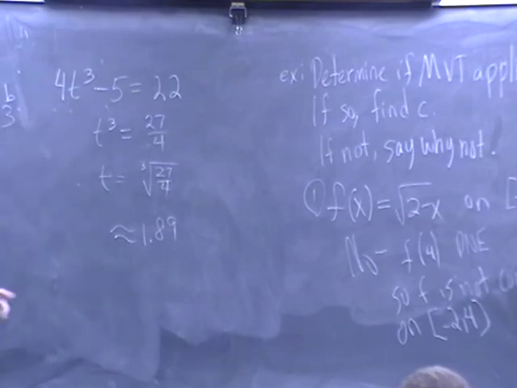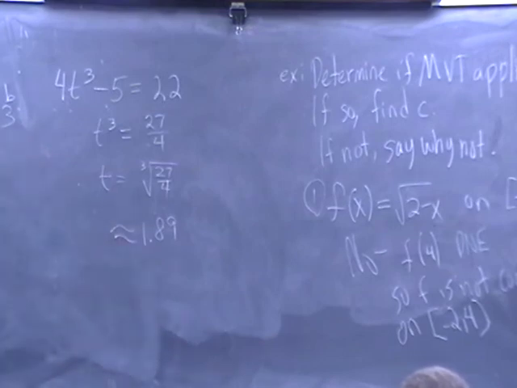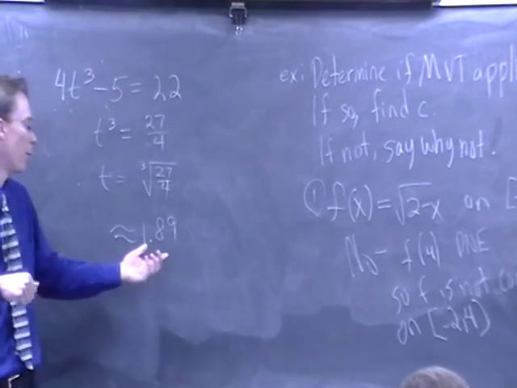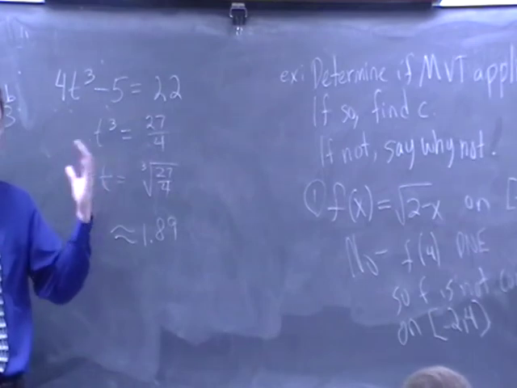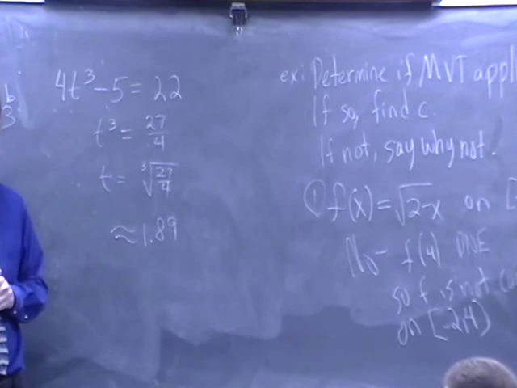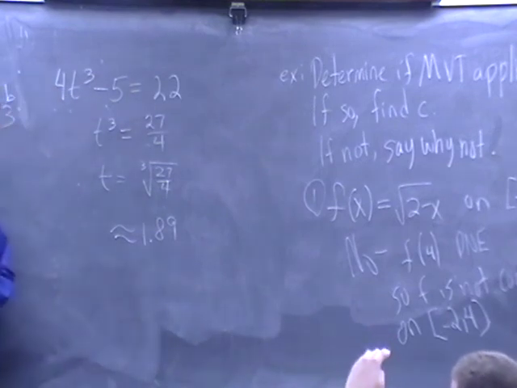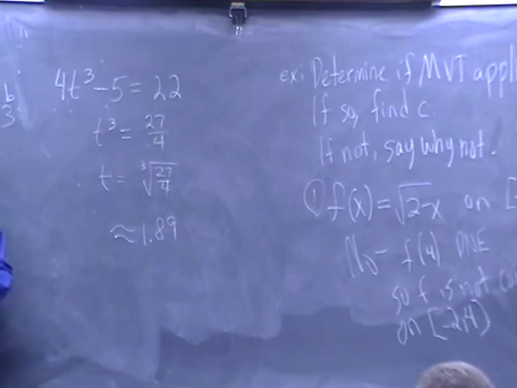So that means at 1.89 the instant velocity is the same as the average velocity of that object over the whole interval. So the average velocity is where it's at at 1.89. Yes, the average velocity, yeah.